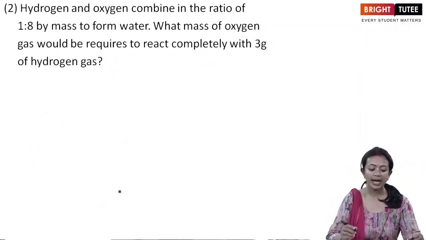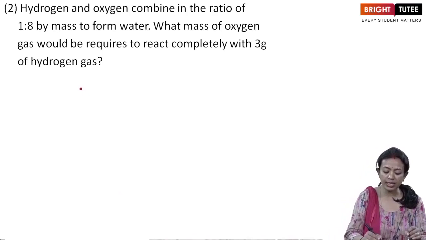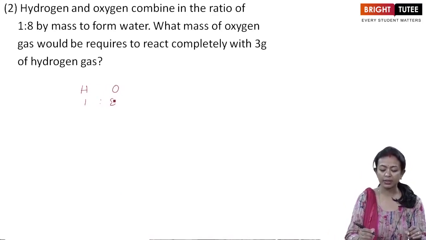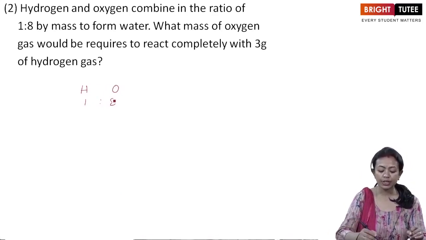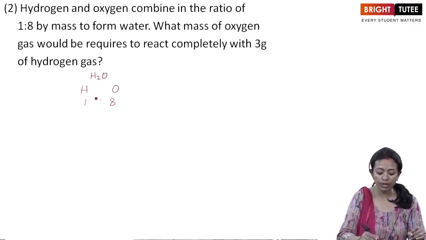The next one: hydrogen and oxygen combine in the ratio of 1:8 by mass to form water, in accordance with the law of constant proportion. What mass of oxygen gas would be required to react completely with 3 gram of hydrogen gas? The ratio between hydrogen and oxygen in a water molecule is 1:8.